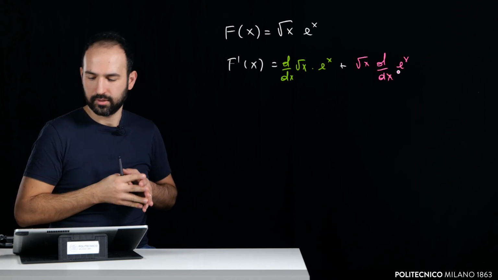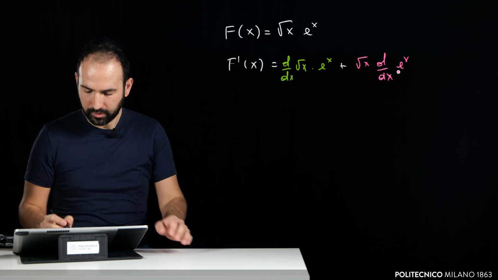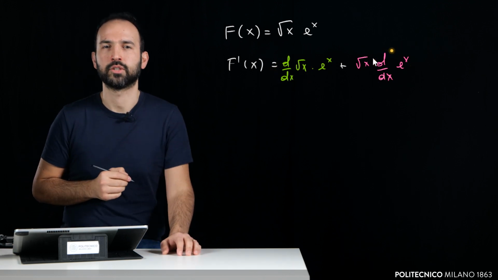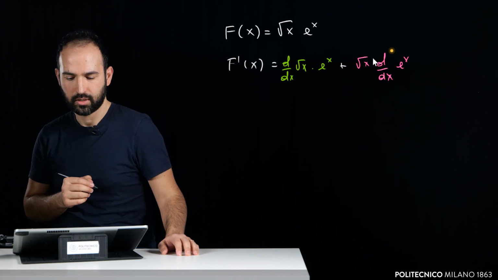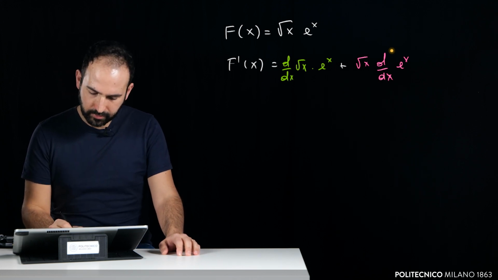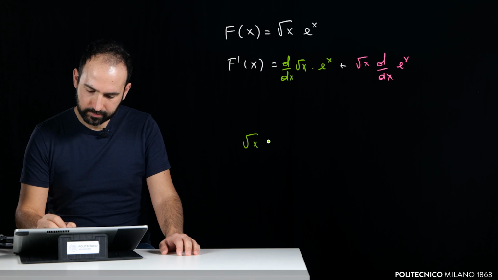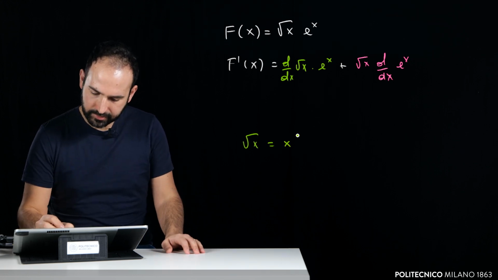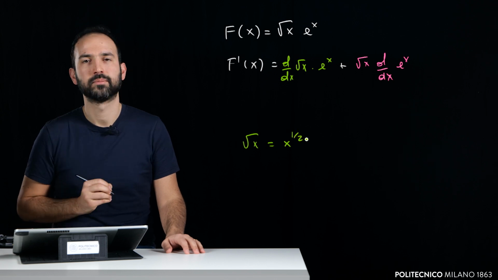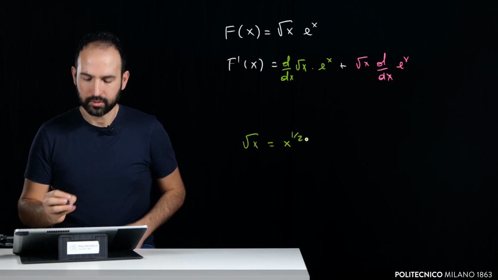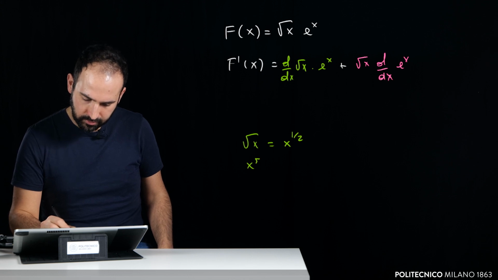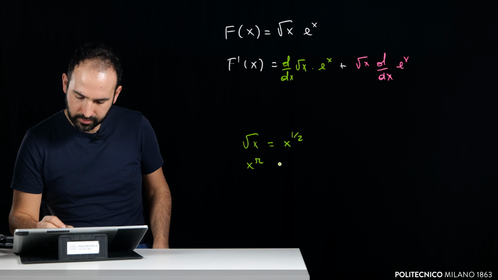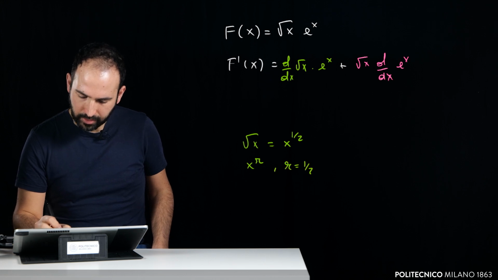Now let's compute the derivative of the two elementary functions, square root of x and exponential of x. Firstly, we notice that square root of x can be written as x to the power of 1/2. In other words, we can write square root of x as the power of x to r, where r is equal to 1/2.